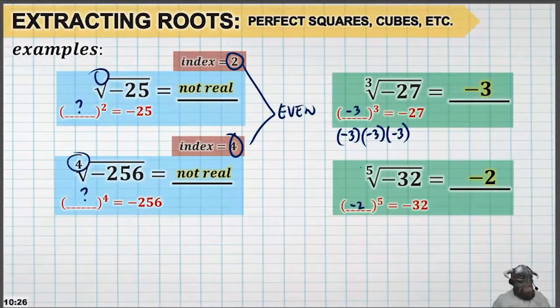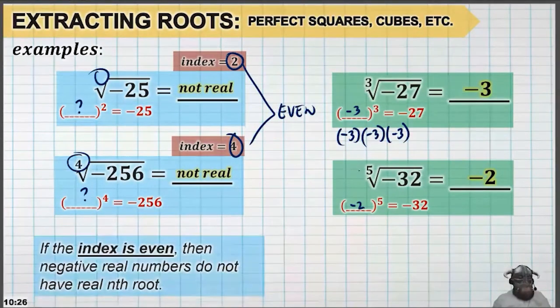Now, if the index is even, then the negative real numbers do not have any real nth root. So, kapag even yung index, hindi ka pwede magkaroon ng negative dun sa ating radicand unless magiging not real yung magiging sagot natin. So, doon nagkakaroon ng not real. Kapag even yung index tapos negative yung nasa loob ng ating radical sign or yung ating tinatawag na radicand.